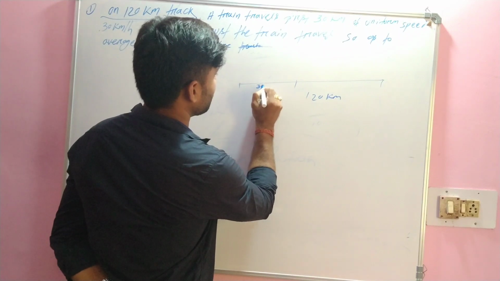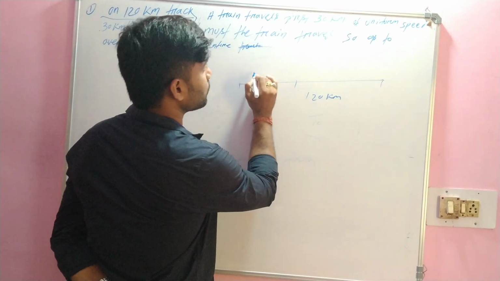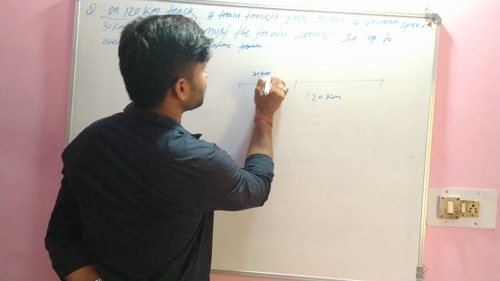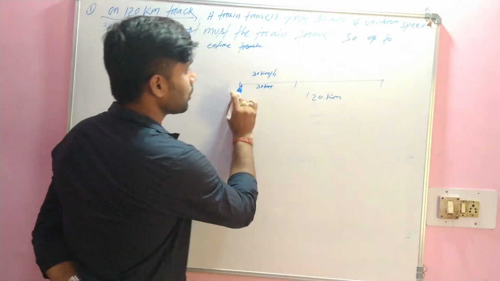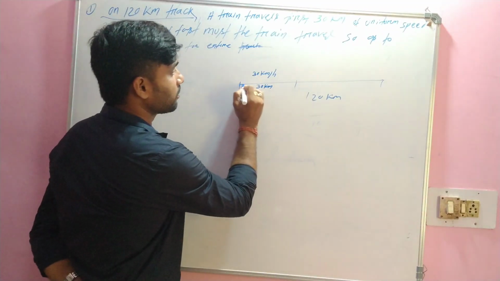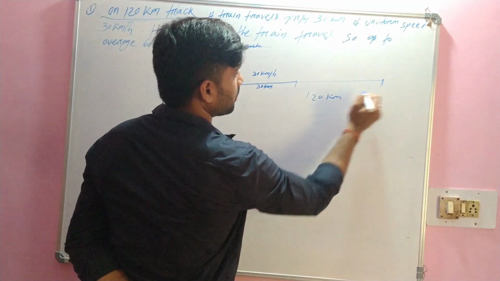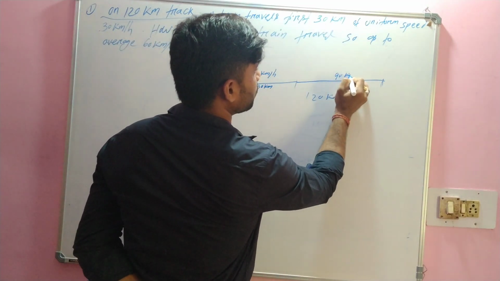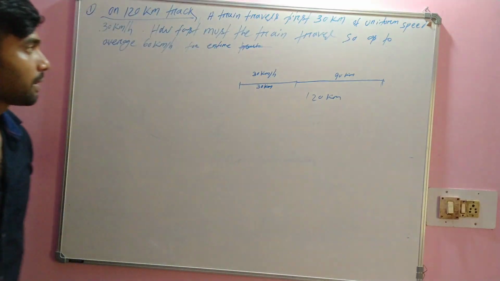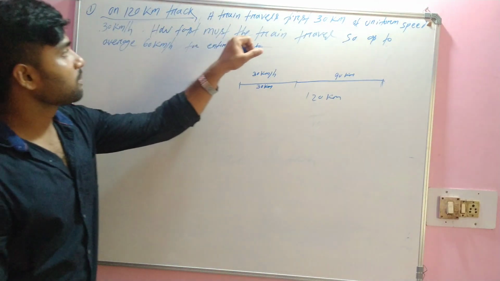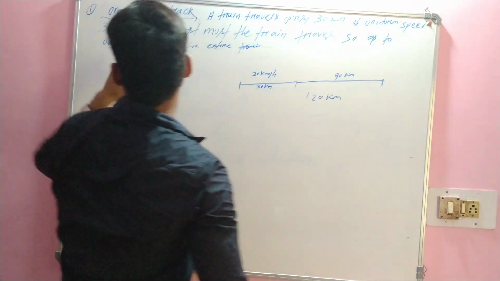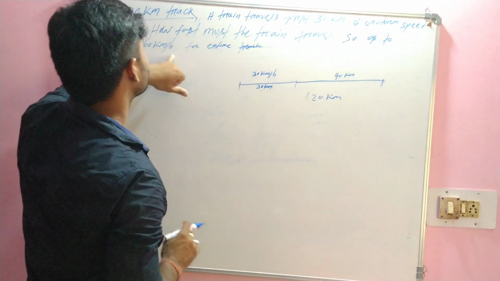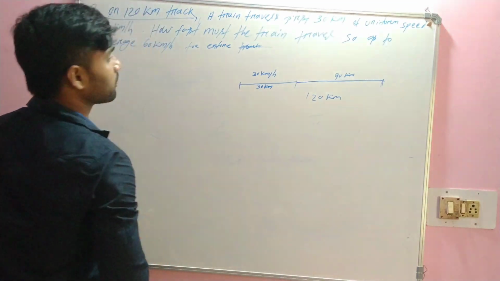The train travels the first 30 kilometers with a speed of 30 kilometers per hour. When the train has covered 30 kilometers, it has to cover 90 kilometers more. How fast must the train travel so as to average 60 kilometers per hour?